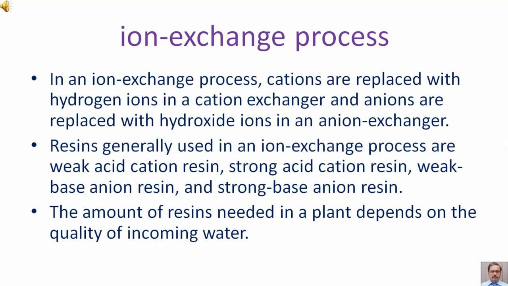Resins generally used in an ion exchange process are weak acid cation resin, strong acid cation resin, weak base anion resin, and strong base anion resin. The amount of resins needed in a plant depends on the quality of incoming water.